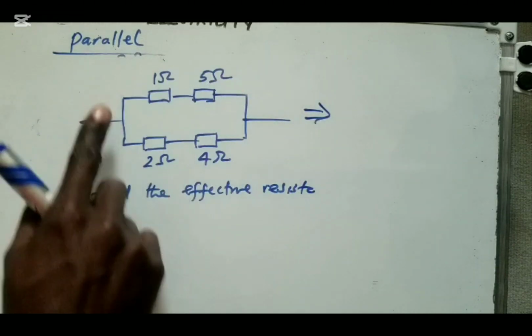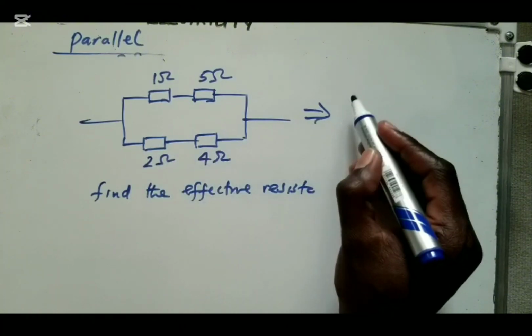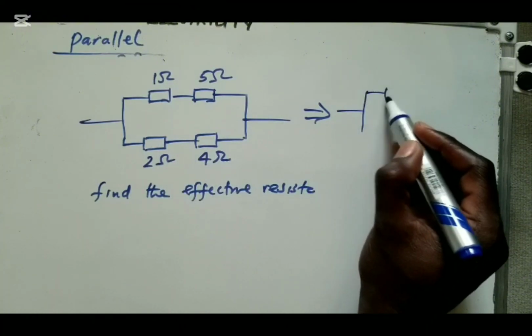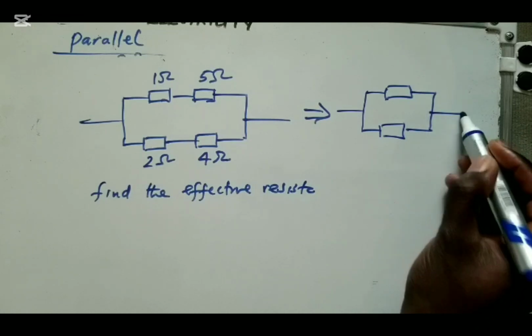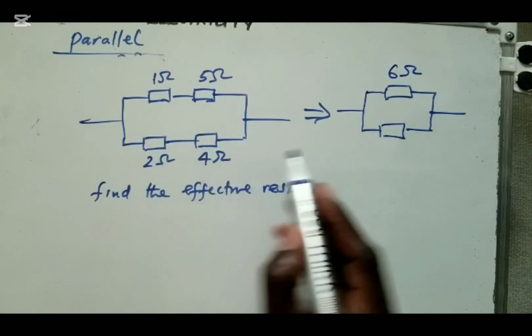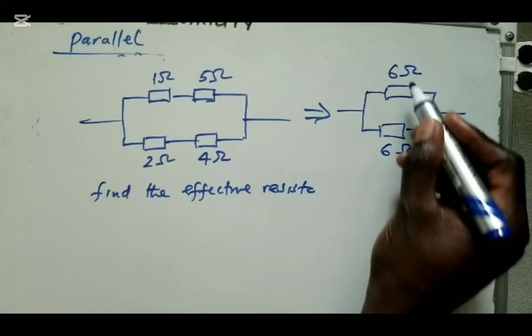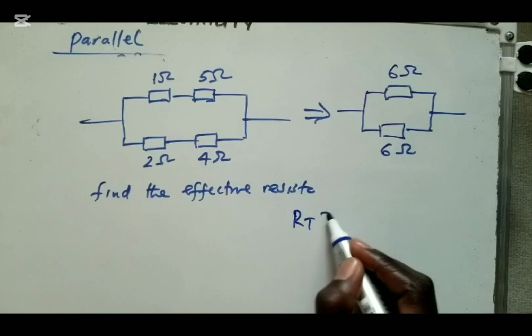Again, you can reduce this circuit because these are in series and also these are in series. So 1 plus 5 will give you 6, and 2 plus 4 will give you again 6. You have seen how we have reduced it. From here we can find R total.